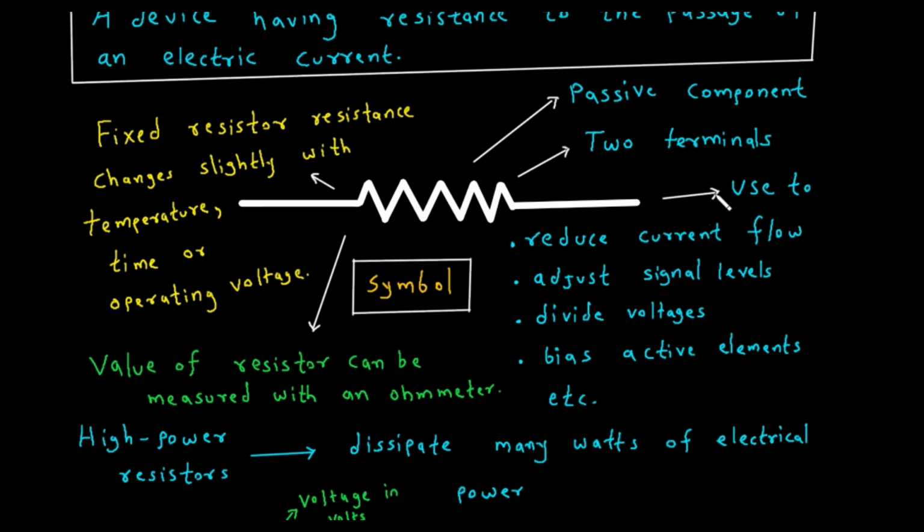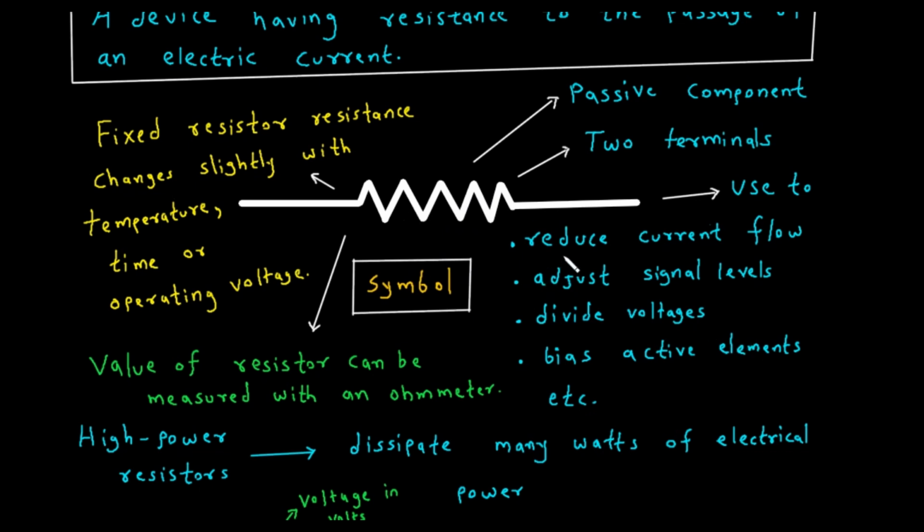voltage. Now used to reduce current flow, this resistor is used to reduce the current flow or to adjust signal levels. Resistor is also used to divide voltages, or is also used to bias active elements.